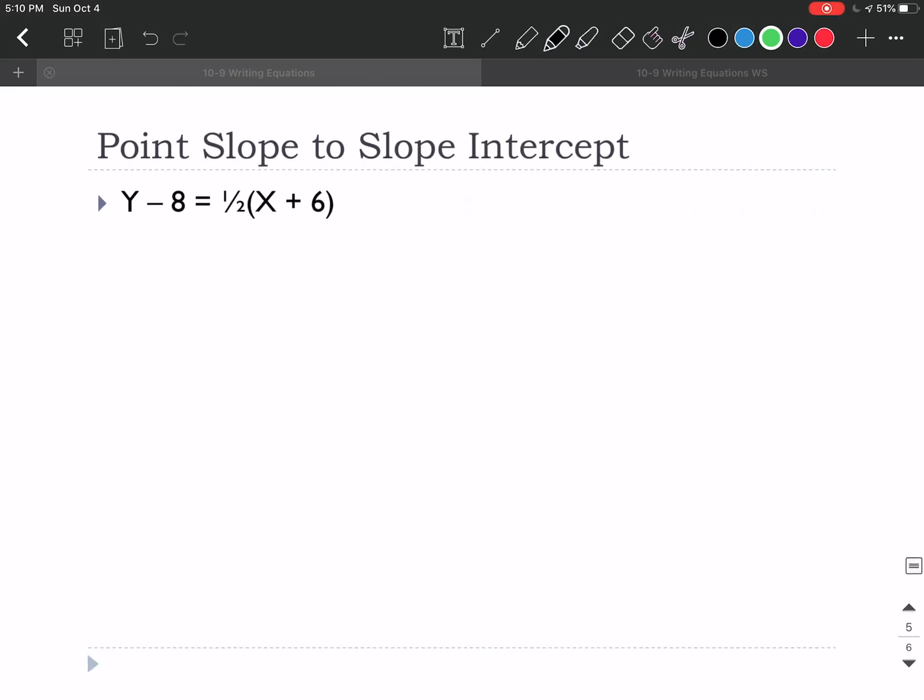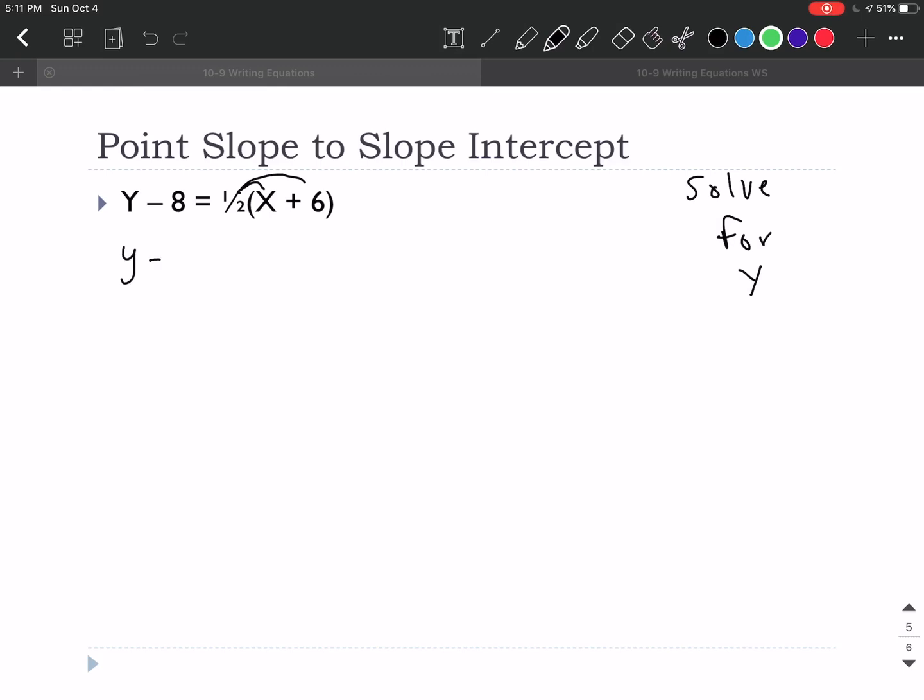So with now point-slope to slope-intercept, again, we're still going to work to solve for y. Just going to be a little bit more algebra involved. But the first thing I have to do is, because I have this parenthesis in front, anytime I have a number in front of parentheses, I need to distribute that value.